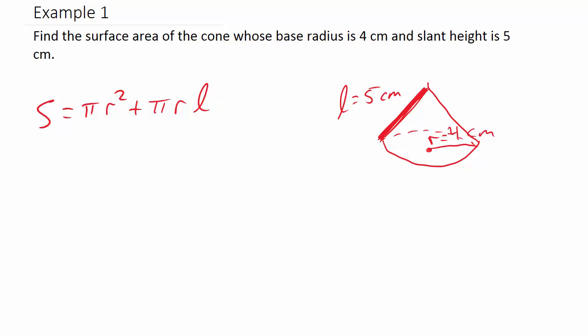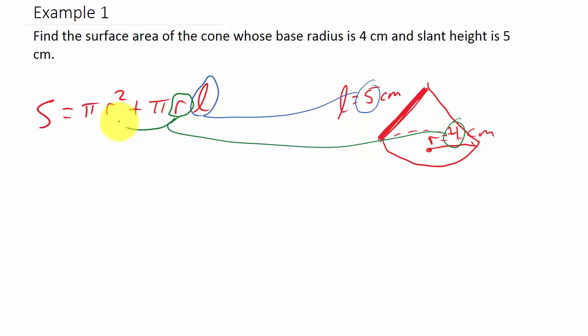Now we know that the 5 is going to be plugged in for L, and the 4, the radius, we're going to plug in for r.